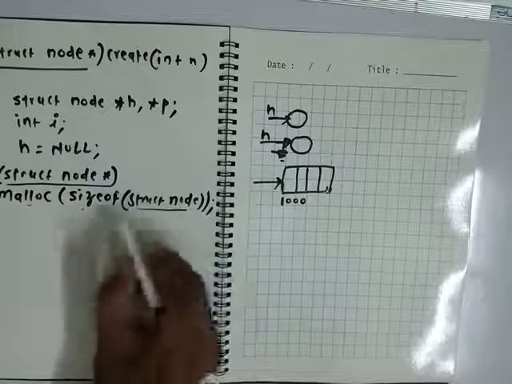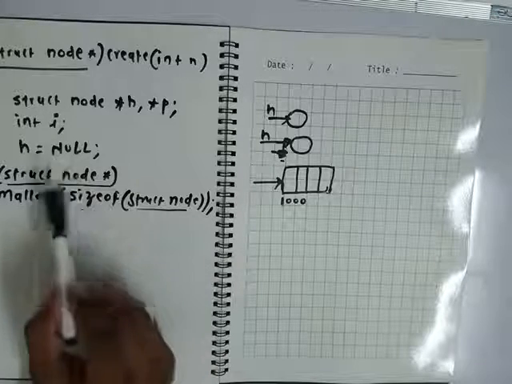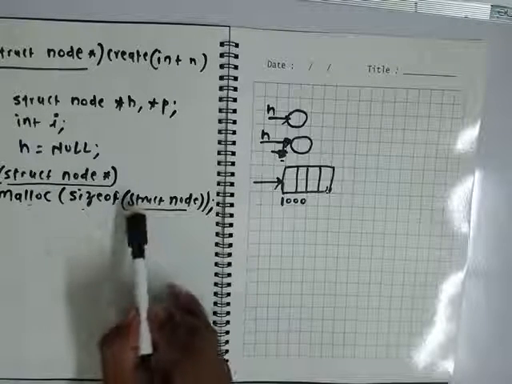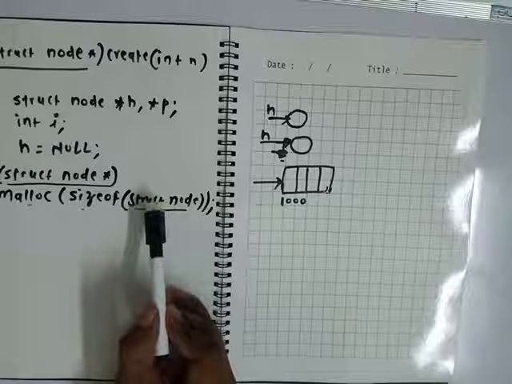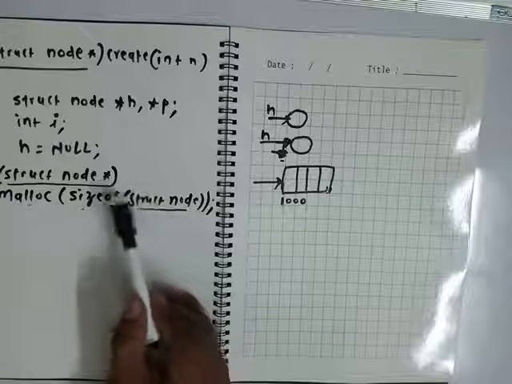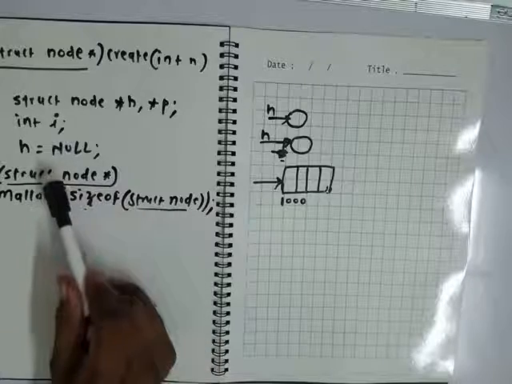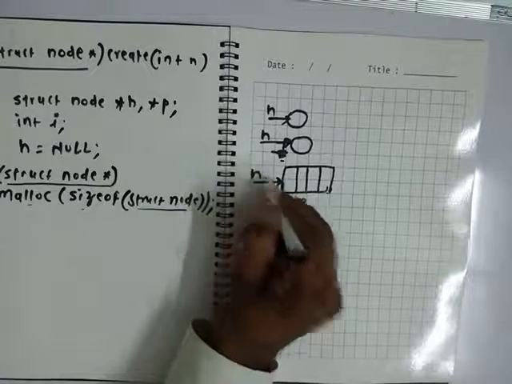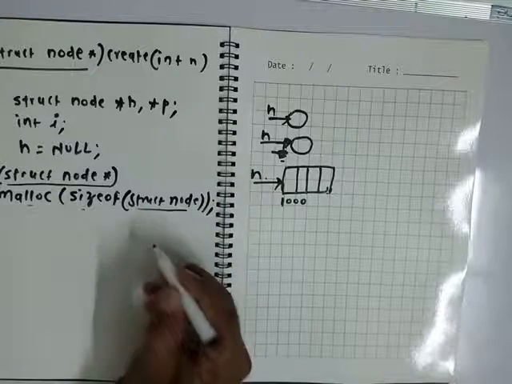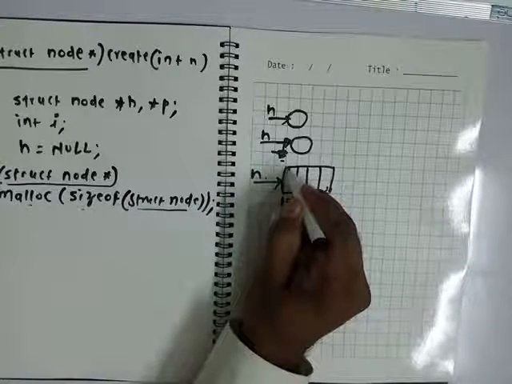So that's what happened by using this statement. Malloc reserves this much memory of the size of the structure, and it returns me the address, but the address is a void pointer. So I typecast that pointer into structure node type pointer, and then I point the h pointer there. So now this is a node type memory.